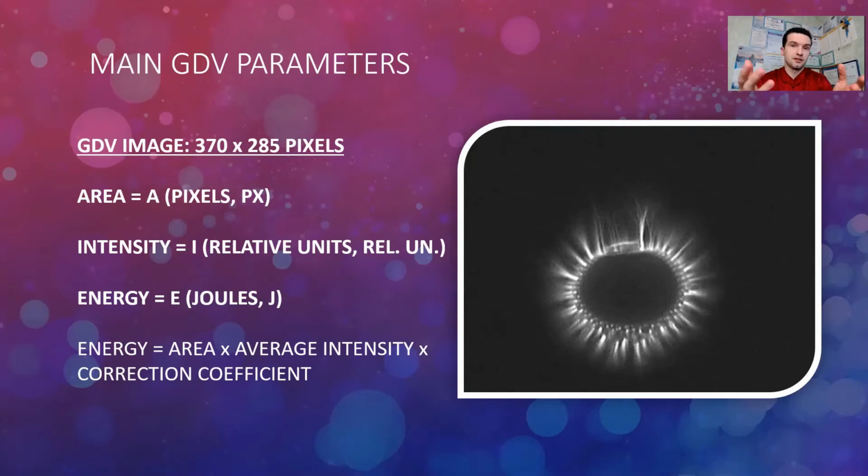As long as this light is in quantums, in photons, this photonic emission, and we know approximately the wavelength, around 300 nanometers, like the violet part of the spectrum, we can more or less make a calculation for each pixel and transfer these relative units of the digital format into joules of the absorbed light.